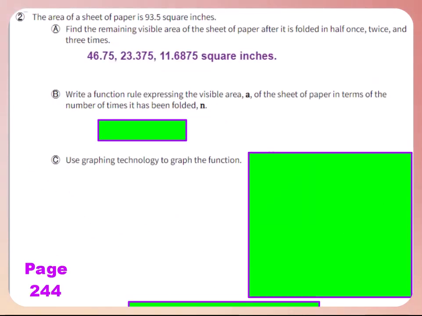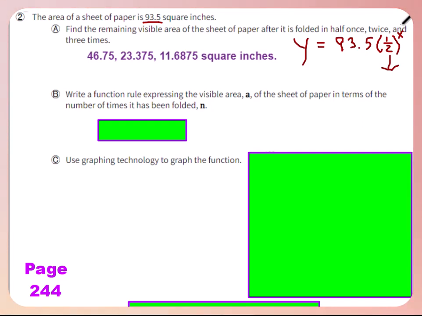I didn't have it on the other sheet, so let me write it here. y equals the initial amount, 93.5. How much is remaining each time? 1/2. So this is our growth factor. We're calling it decay because it's actually reducing each time we fold it, raised to the x.